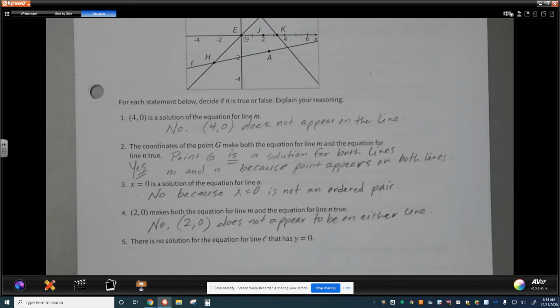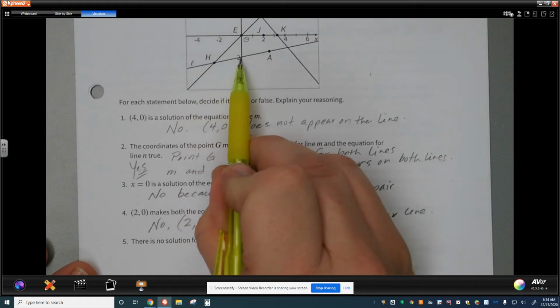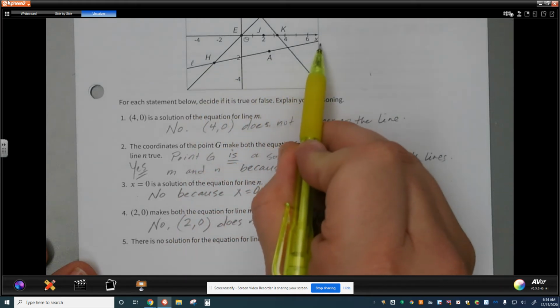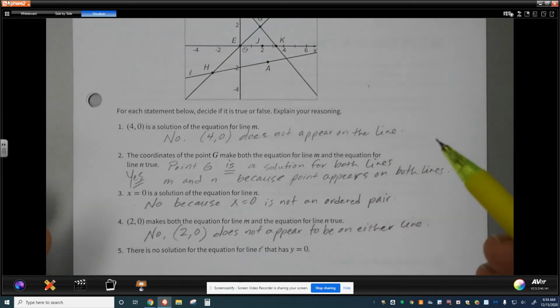Is there no solution for the equation for line L that has y equals 0? This is a little bit different question than number 3. When we talk about line L, we look right across here where the y coordinate would be equal to 0.